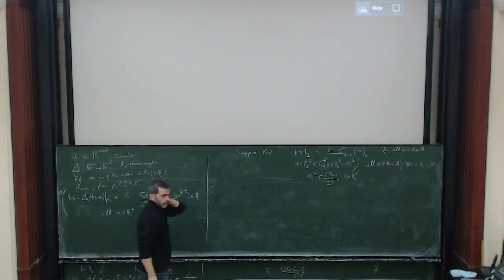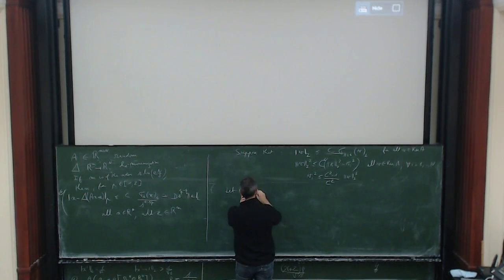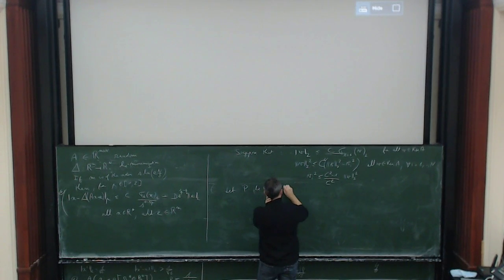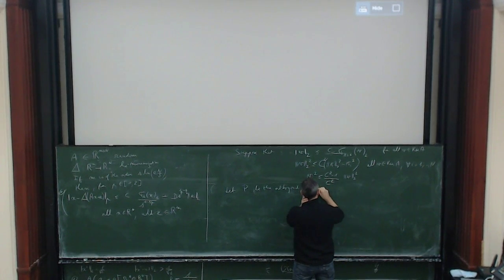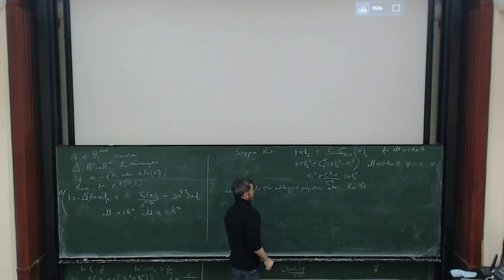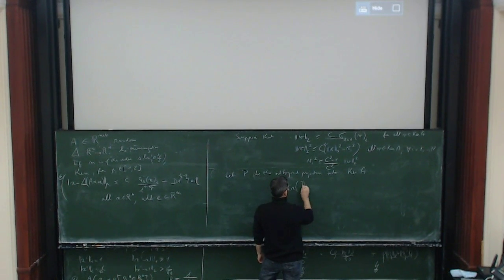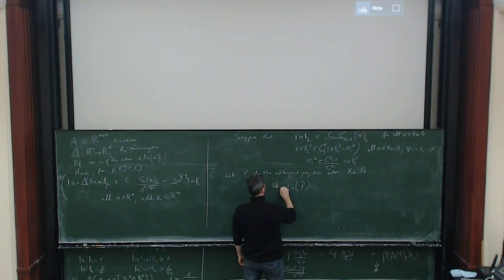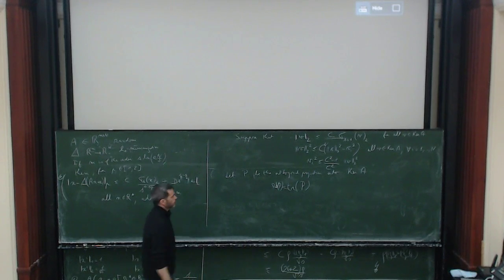So let now P be the orthogonal projection onto the null space of A. If I'm looking at an orthogonal projection, the trace and the rank are the same. Let's look at the rank first.